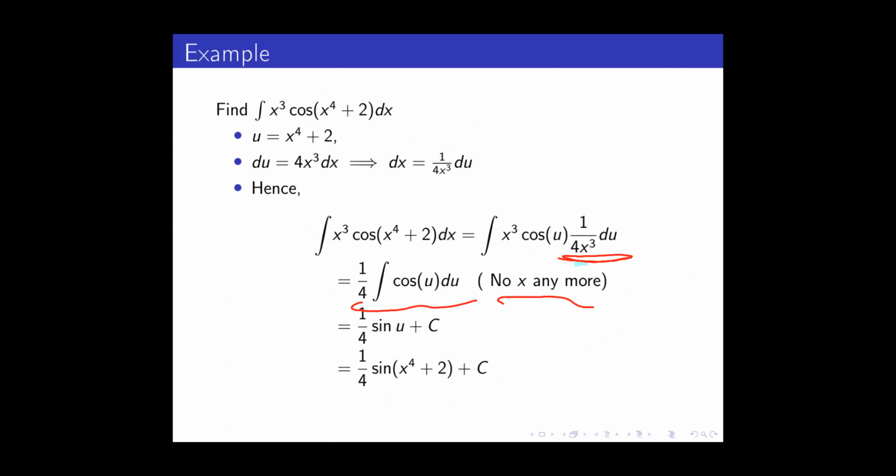So the key point is that at some point you must finish with no x anymore. And once you do that you find the integral in u, and then at the end, this is also crucial, that eventually you have to put x back in. So any questions about these steps?